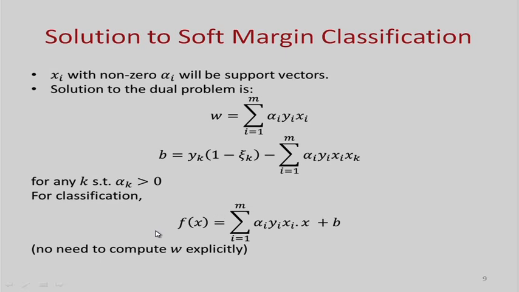So, again we see that in order to find the classification of a point, we actually do not need to compute w explicitly, but we can just apply this formula, and in this formula we need to find the dot product of the test point with the x value of those points which are support vectors and multiply by the corresponding alpha_i y_i value, sum it up and add b to this.